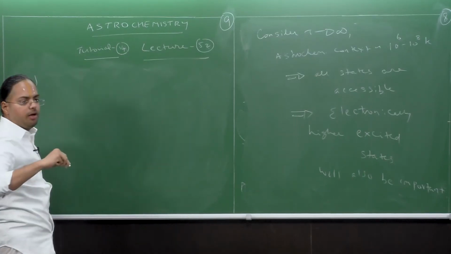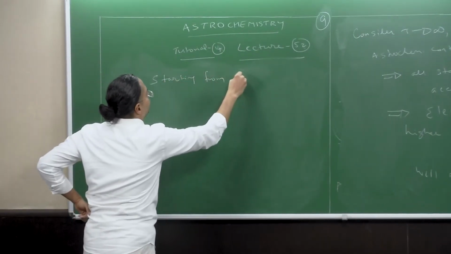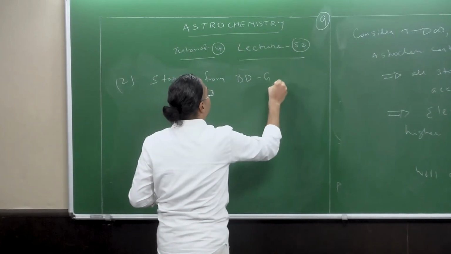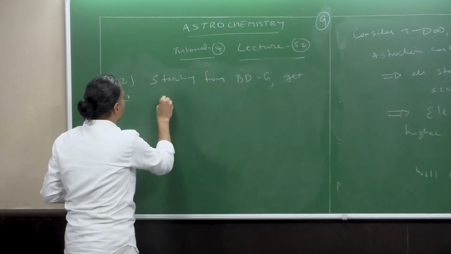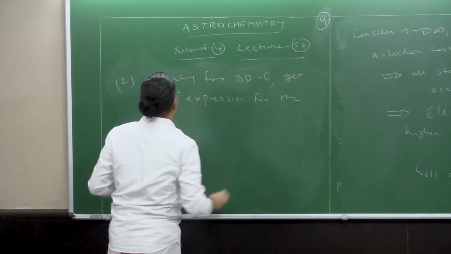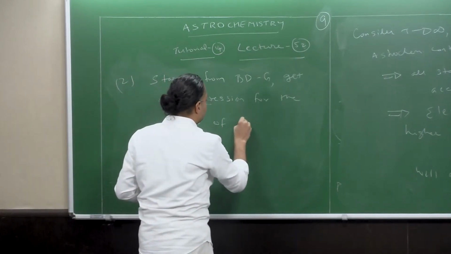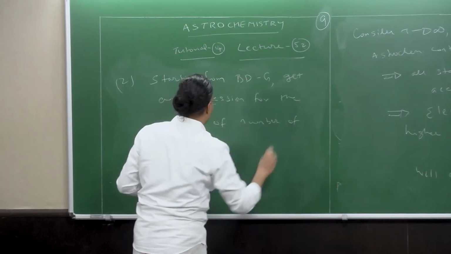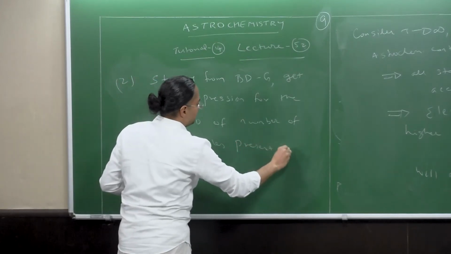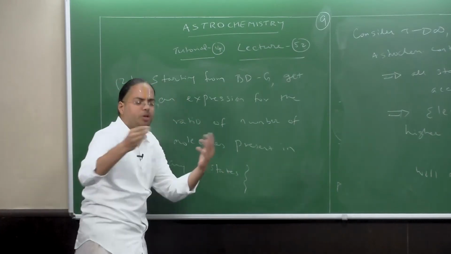It is that starting from the Boltzmann distribution, that is BD, including the degeneracy, get an expression for the ratio of the number of molecules present in any two states, assuming local thermal equilibrium.